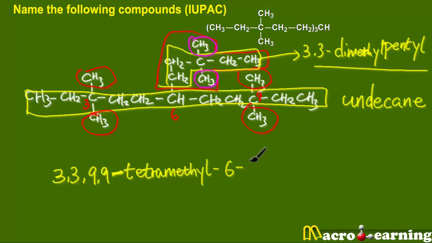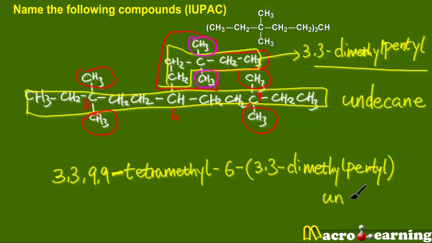6 parenthesis 3,3-dimethylpentyl. We put this whole thing in a parenthesis. Sorry, I'm running out of space. But it's gonna be undecane. This is one word, right? No space, no hyphen, nothing.